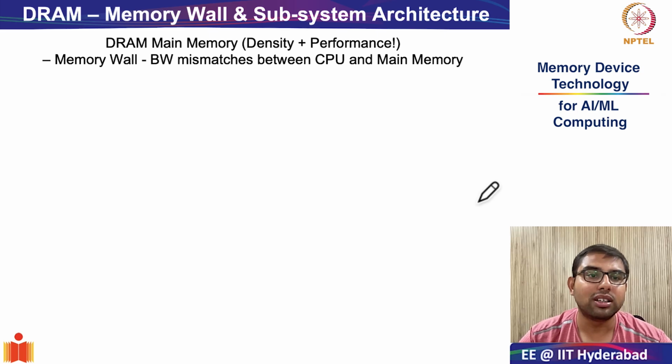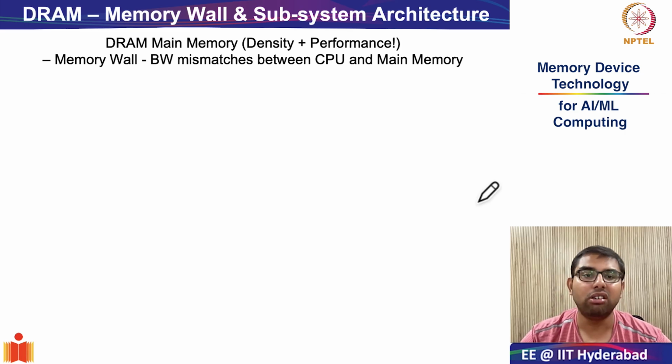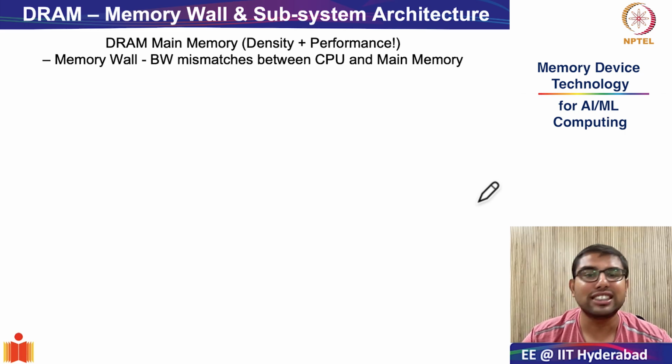Remember the example I gave you for designing DRAM main memory: the DRAM main memory is more like the all-rounder in a cricket team. In DRAMs or main memory, you would want very high density, and also you cannot compromise on performance. So this is a very unique combination.